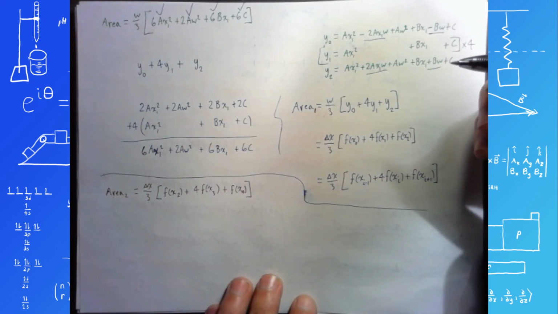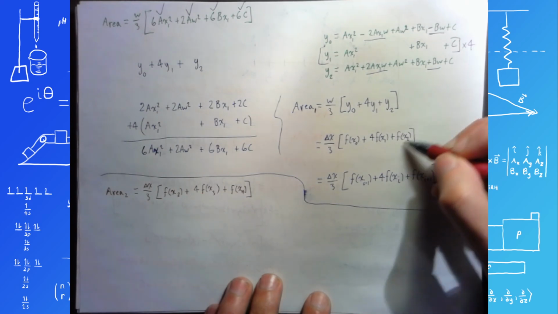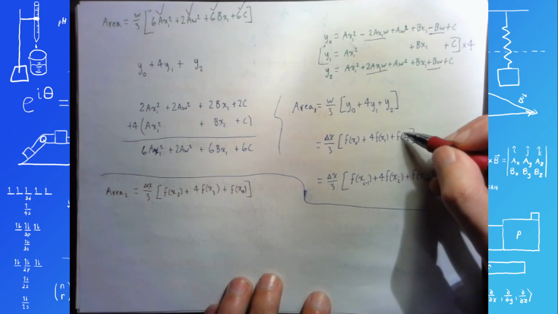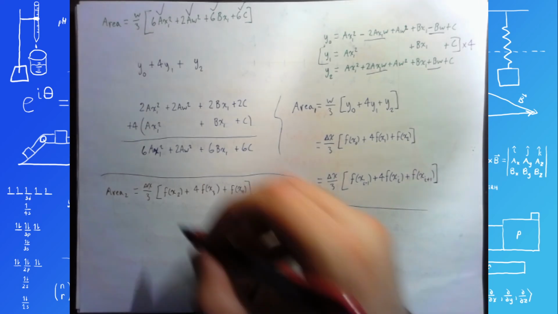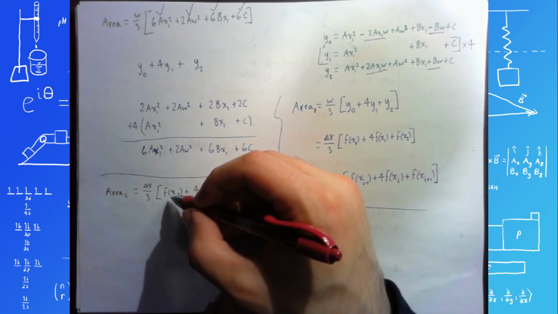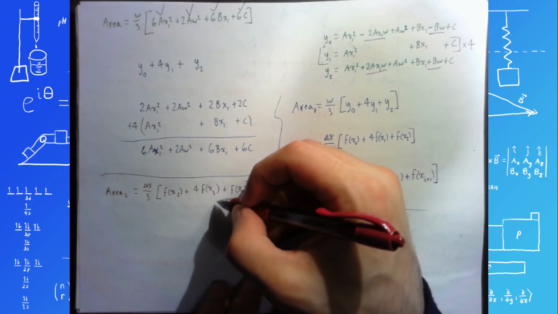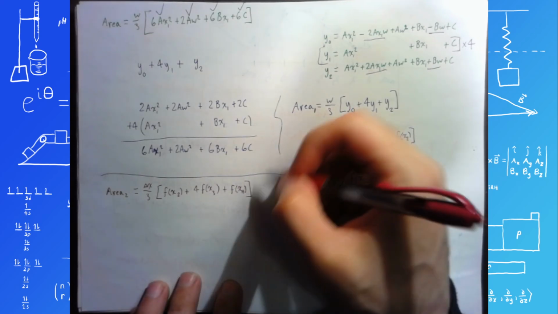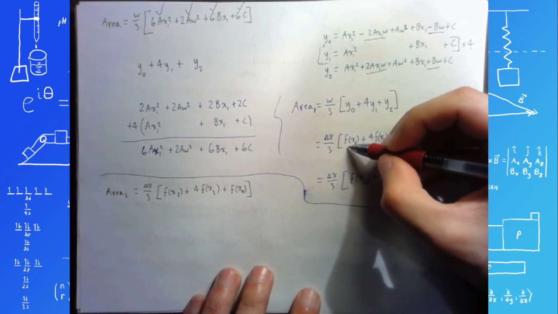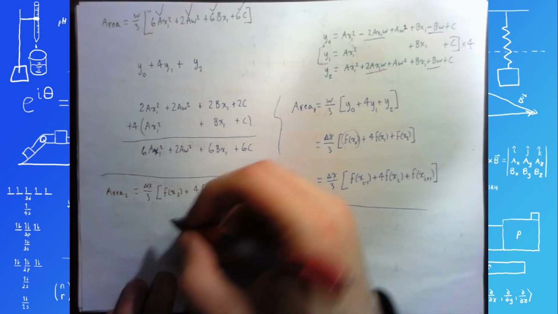And what ends up happening is that the last f of x of the previous area is the first f of x of the next area. So these are going to double up, and you're going to have this sort of alternating pattern of 2, 4, 2, 4, 2, 4, except of course for the very first f of x and the very last one.